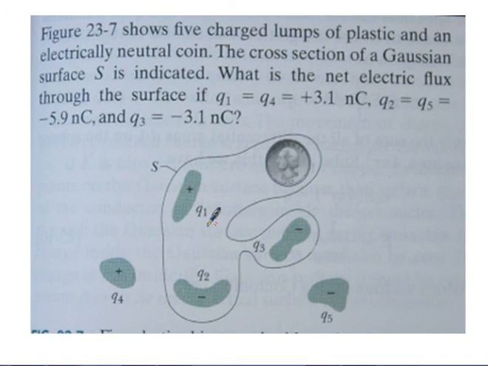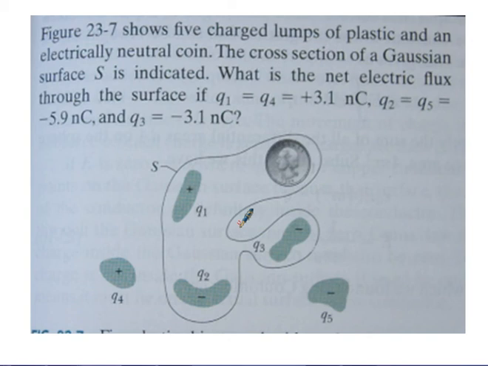But note that at this ugly, unsymmetrical surface, there would be field, and the field would come from all 5 of these. The field would arise from charges that are inside and charges that are outside. But if you go over the whole surface and look at the flux from the charges that are outside, there will be as much flux in as flux out from those.